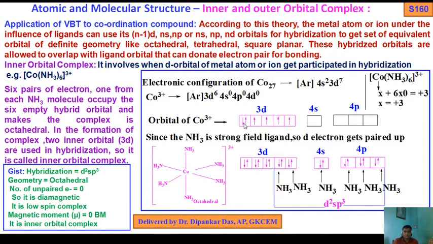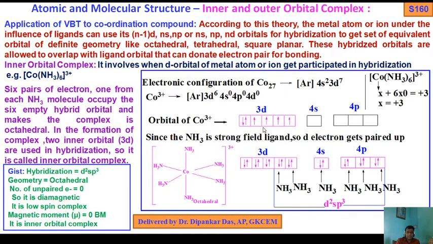Now we have to examine the nature of the ligand: strong field ligand or weak field ligand. That will be discussed broadly in CFT, crystal field theory. Here NH3 is a strong field ligand, so the d electrons get paired up.